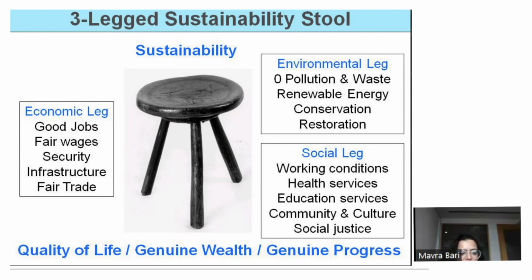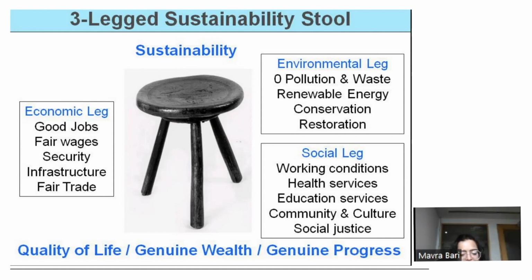Then we have the economic leg, which is made up of companies and organizations and startups and SMEs, infrastructure, jobs, trading, all of these things. And then the social leg has different components like culture, health and education, arts, health services, all of these things.